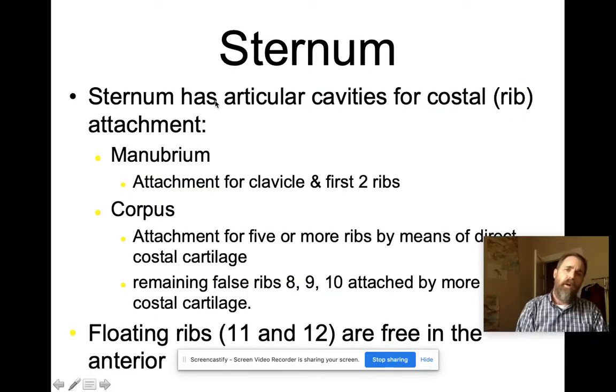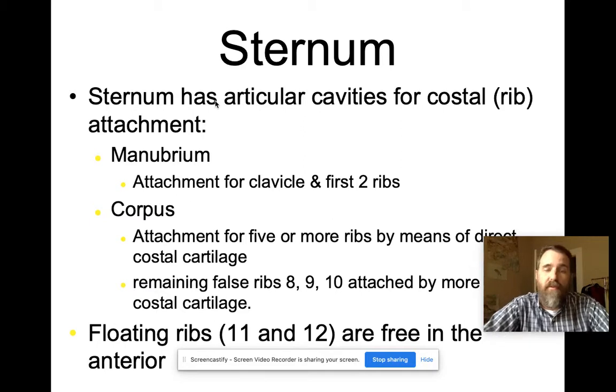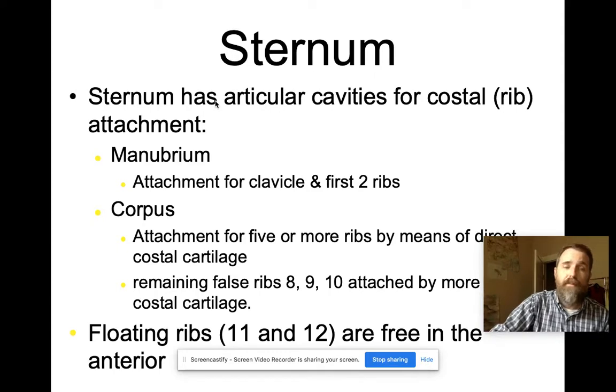The manubrium provides a point of attachment for the clavicles and for the first 2 ribs. When you move down, the corpus, the body of the sternum, provides attachment for 5 or more ribs. And then you have the false ribs that are attached to the chondral portion of the rib above it, and then you have the floating ribs that aren't attached to the sternum whatsoever.